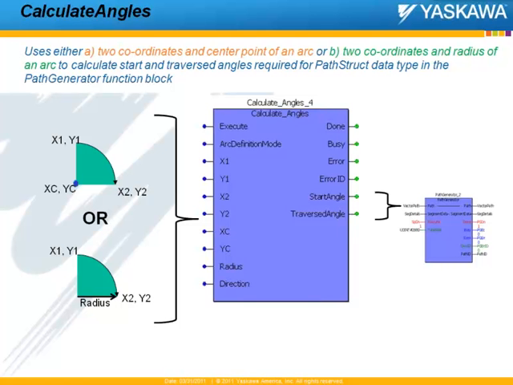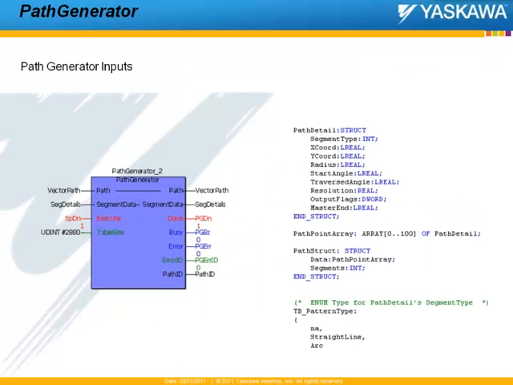So let's look at the path generator in more detail here. On the right, the structured text that you see is basically the data type definition from the Gantry Toolbox that has been created for the path generator and for the move path. So essentially the basic building block of this is a path structure, which basically contains information about the path that you're trying to create.